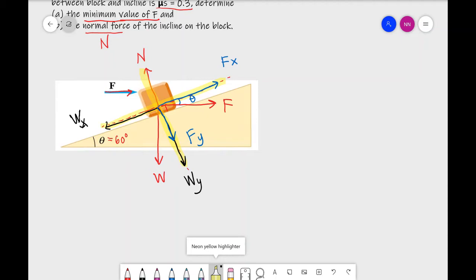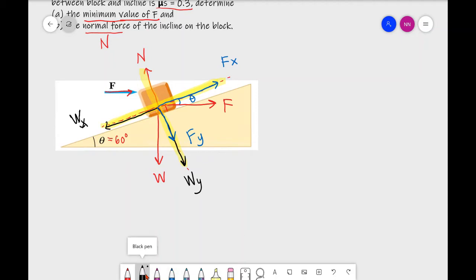This will be the X dimension, and this one will be the Y dimension. The component parallel to the inclined plane is the X component, and the component perpendicular to the inclined plane is the Y component.